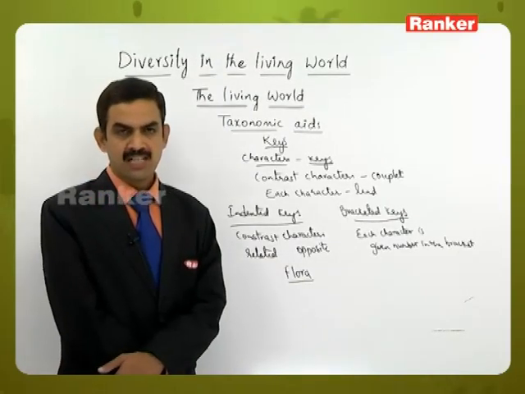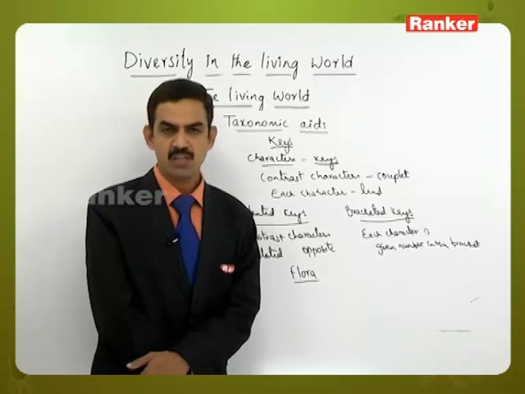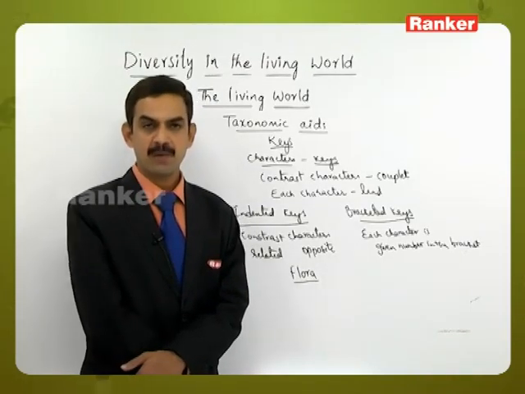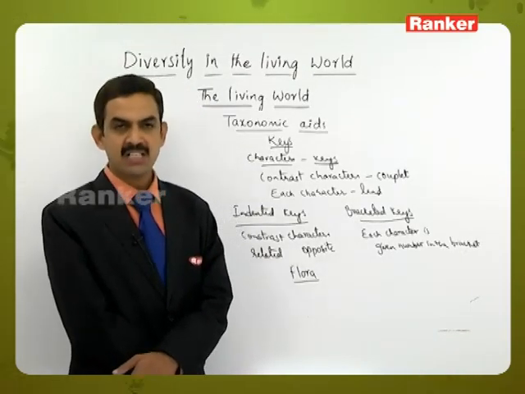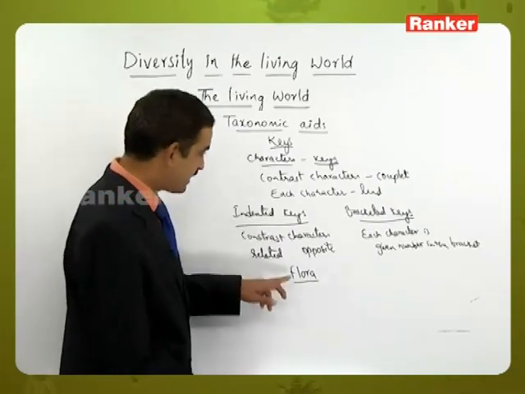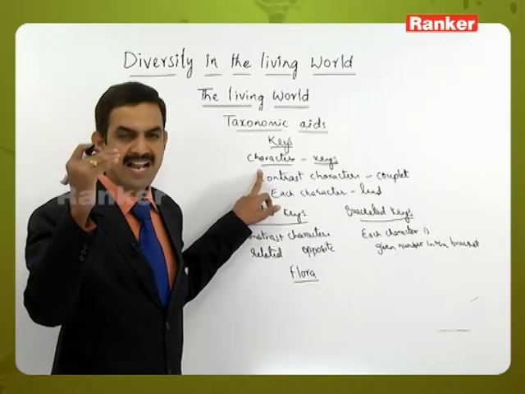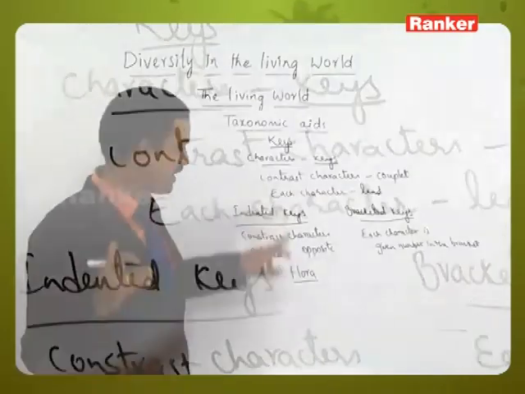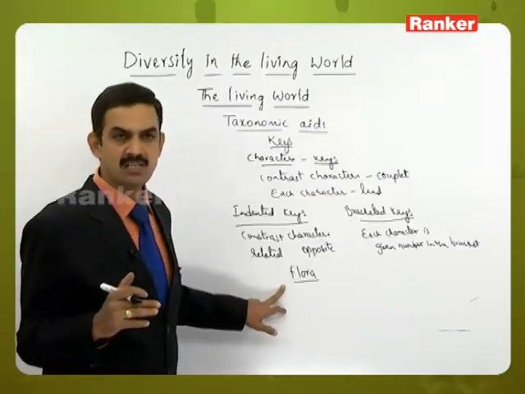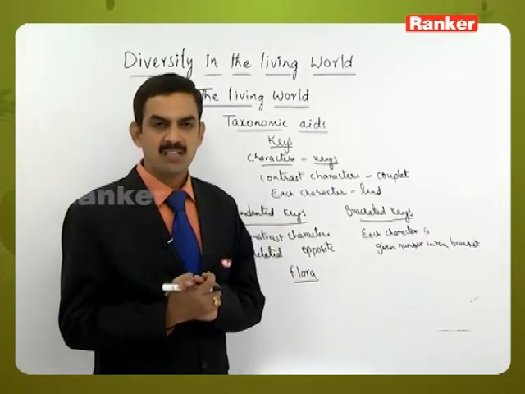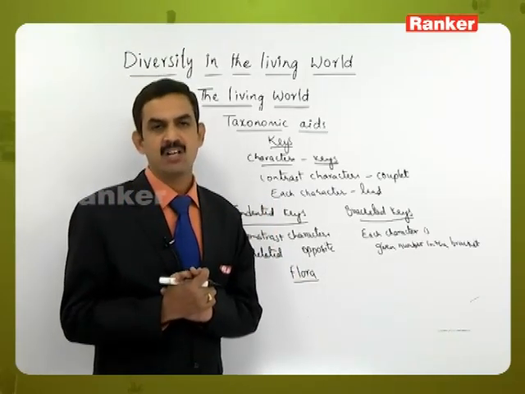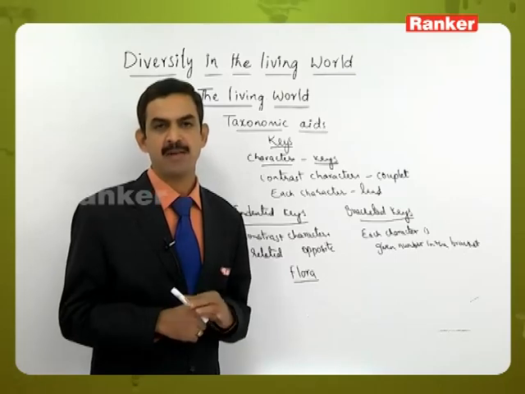Flora includes the characteristic features of a group of individual plants which help in reference and also the identification of the plant species. In the flora, when you are describing one plant, the characters of the particular plant species will be given in the form of keys. So this is one of the other taxonomic aids in identification of plant species.